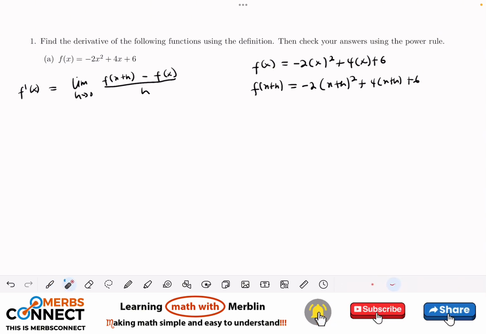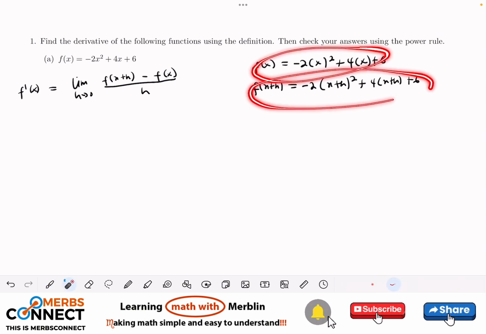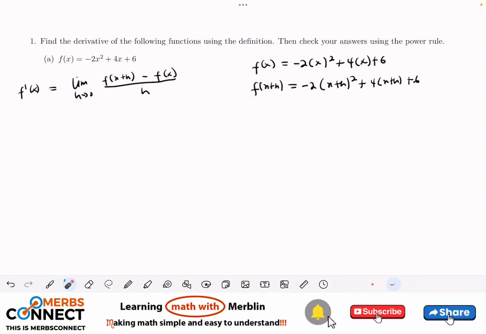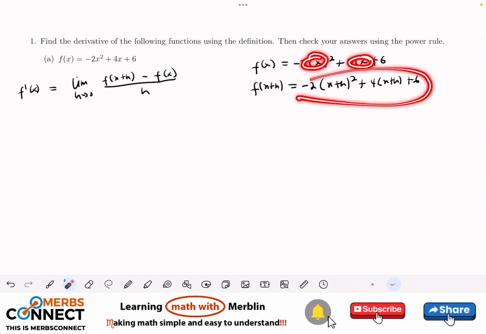You see that this and this are almost the same. The only difference is this is x plus h, this is x plus h, this is x plus h, and this is x, this is x, this is x. I put them in parentheses so that it will be easy for you to write out the x plus h.